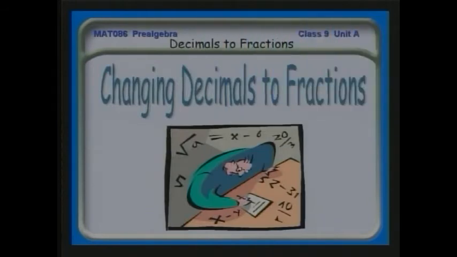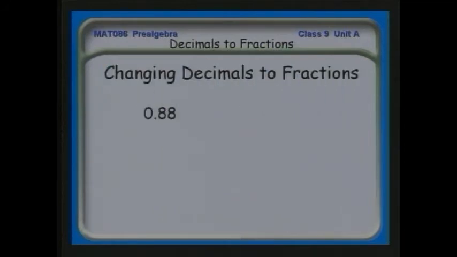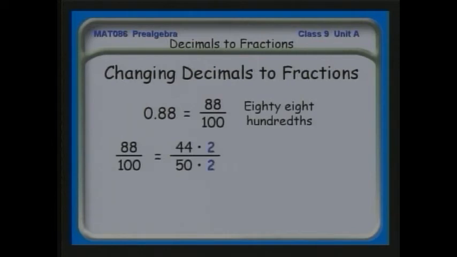Let's look at changing decimals to fractions. We've already talked about this a bit when we developed the idea of decimals. If I have 0.88, that's equivalent to the fraction 88 100ths. But it's not a fraction reduced to its lowest terms. So once we go from writing the decimal to a fraction in terms of tenths, hundredths, thousandths, let's reduce it to lowest terms. I can pull a 2 out of the numerator and denominator and get 44 fiftieths.